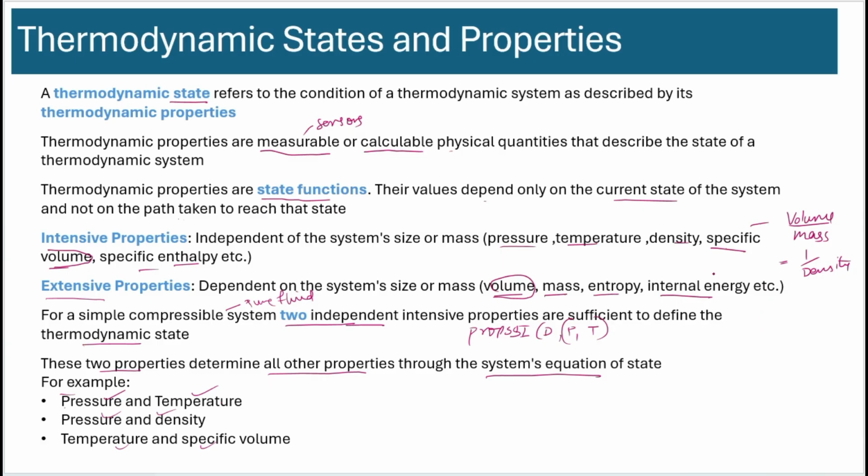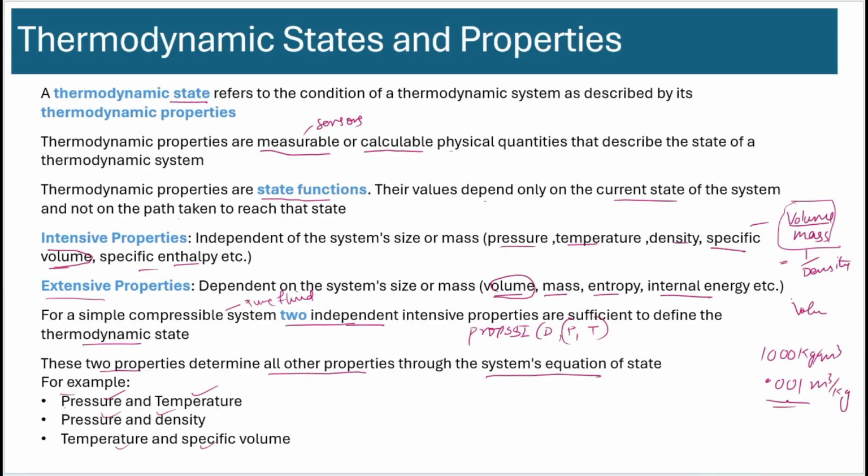Volume per mass does not change because the density of the substance doesn't change. If it is water, water's density typically is 1000 kilogram per meter cube, so you could say its specific volume is 0.001, which is the inverse of this, meter cube per kilogram.